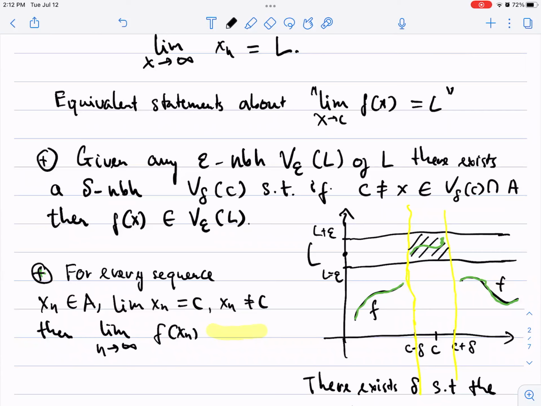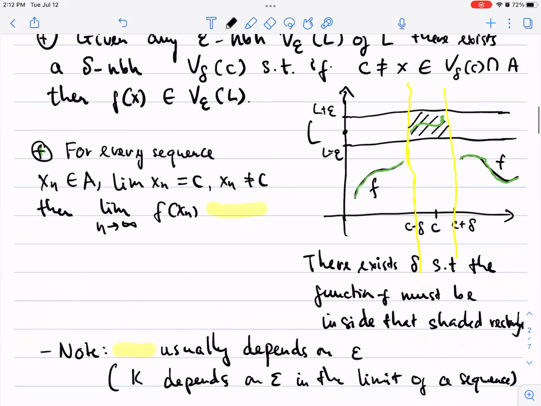At the level of the point, we use the delta neighborhood around the point c. At the level of the function, it corresponds to the epsilon neighborhood around the point L.